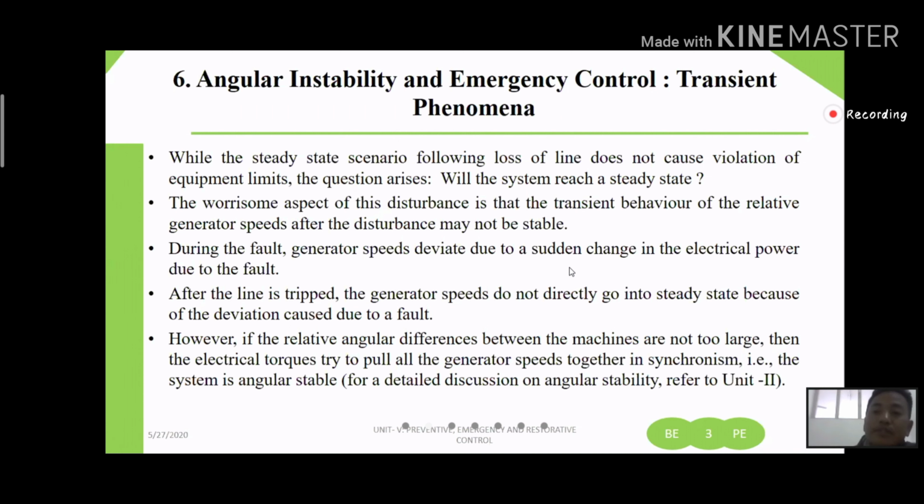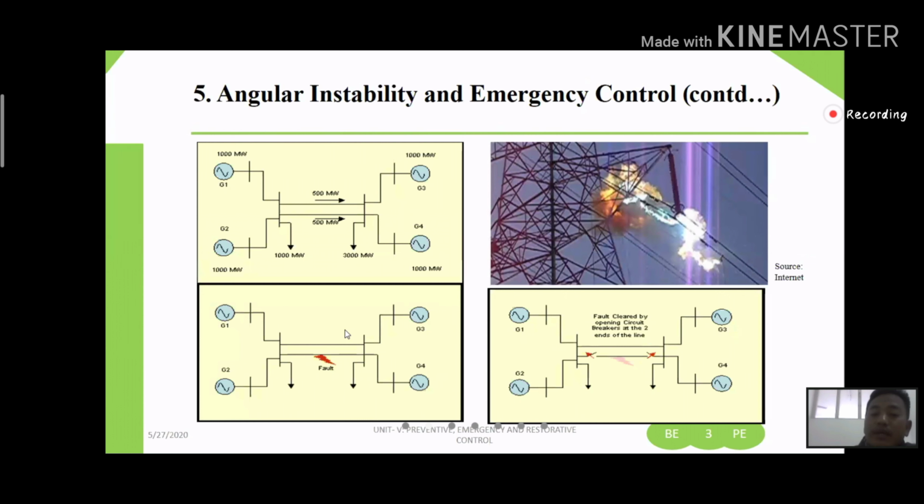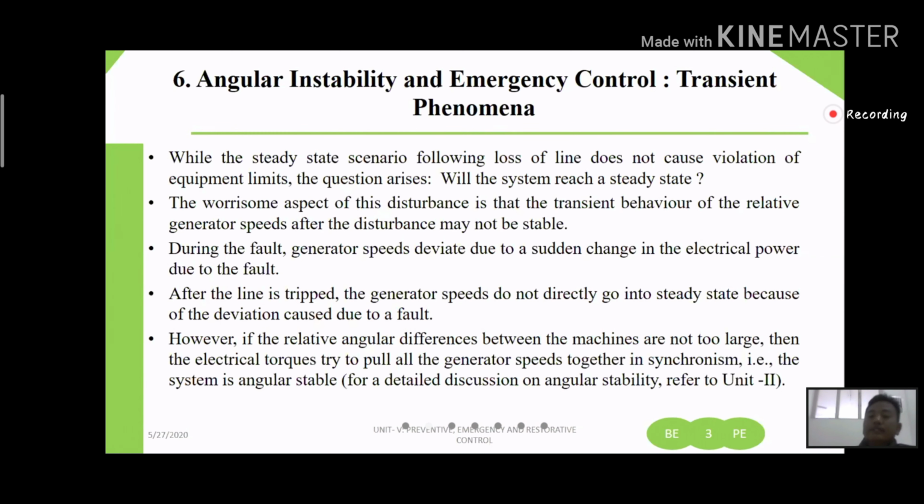So that's why we have to do an emergency control. In this case, we will not talk about the equipment limit violation, because it will be within the equipment limit, but we will see angular instability. The equipment limit violation we have already learned in an earlier lecture.